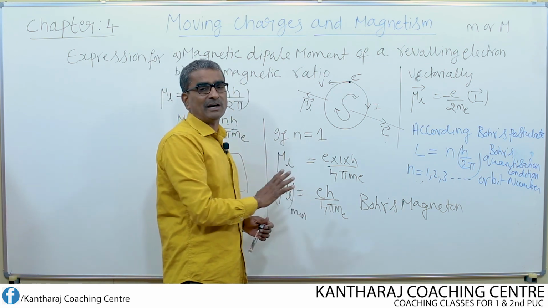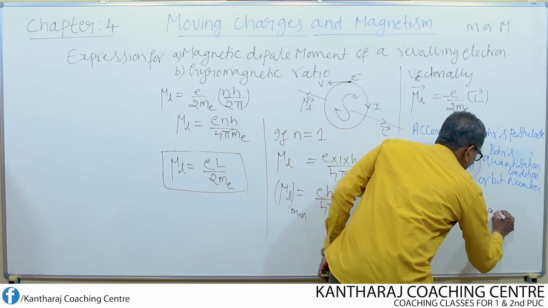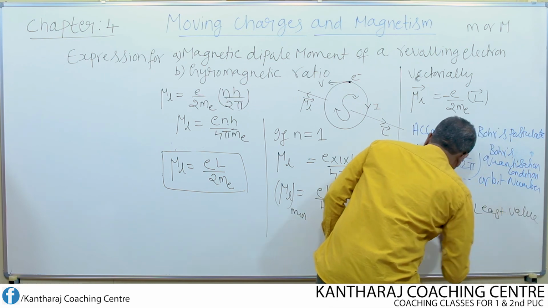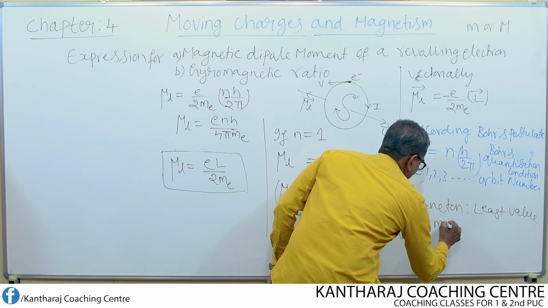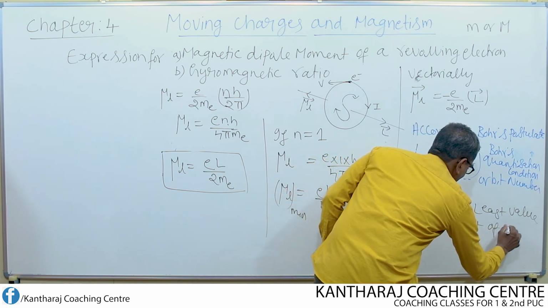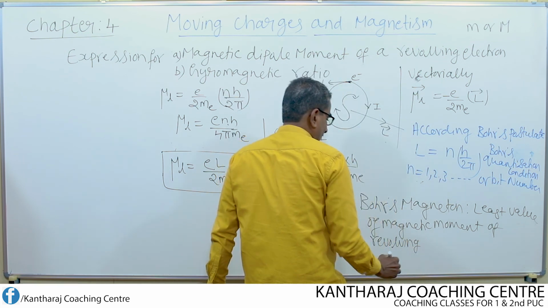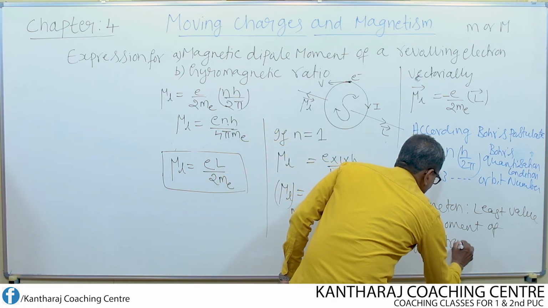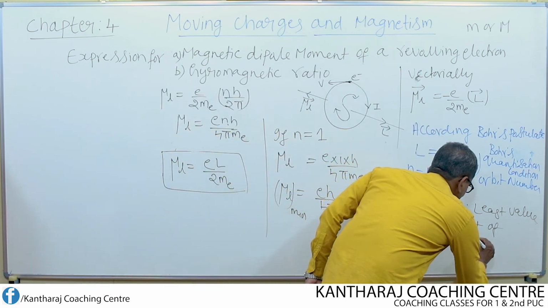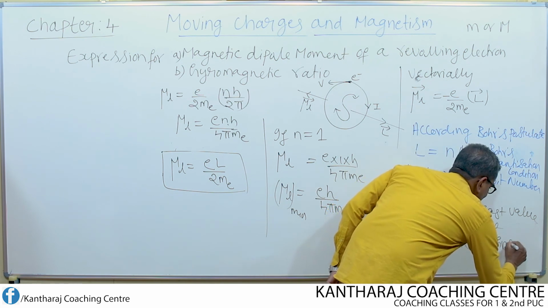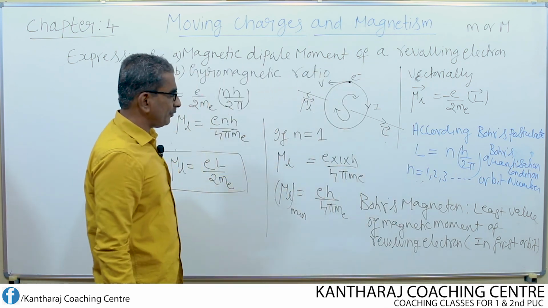So Bohr's magneton means the least value of the magnetic moment of the revolving electron, and it is possible in the first orbit. This is the definition of Bohr's magneton.